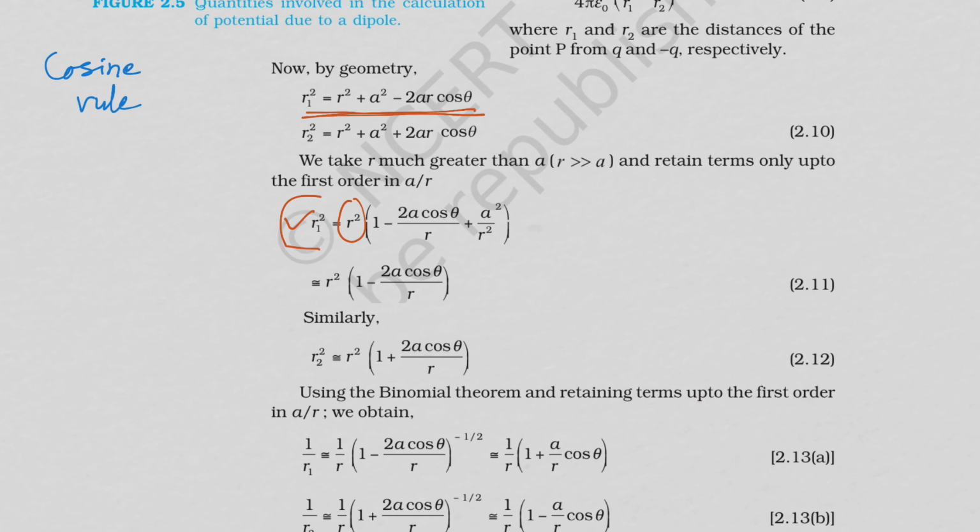Once we take common r square in this equation, the first term will be 1, and the second term will be plus a square by r square, and the third term will become 2a cos theta by r, because we have taken r square out, so one r will be in the denominator.